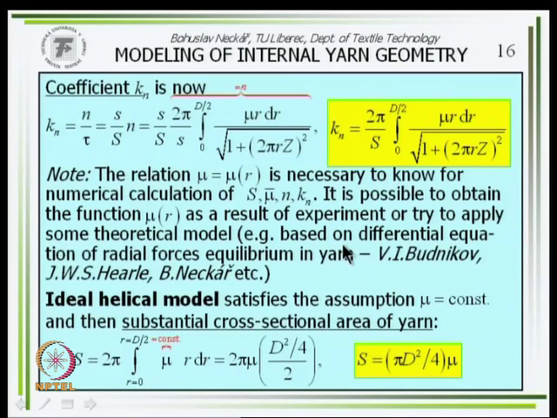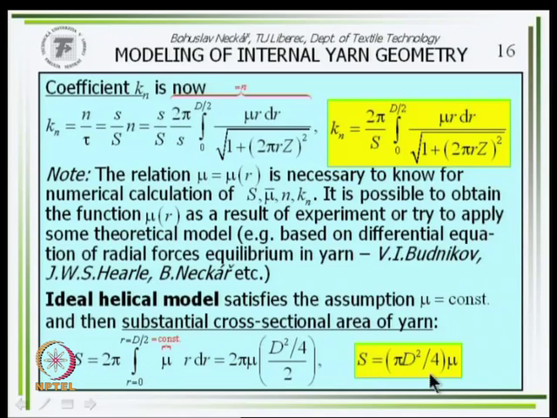These expressions are valid for a helical model. It means that I have mu inside the integrals, because mu can be a function of radius. I spoke about the difficulties with them, so let me now rearrange our equations.